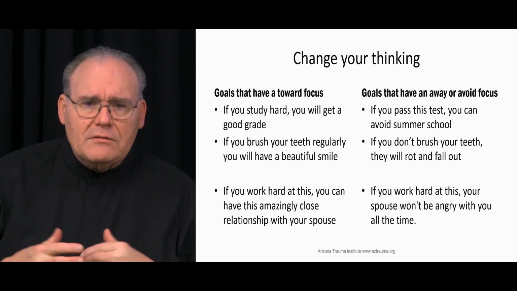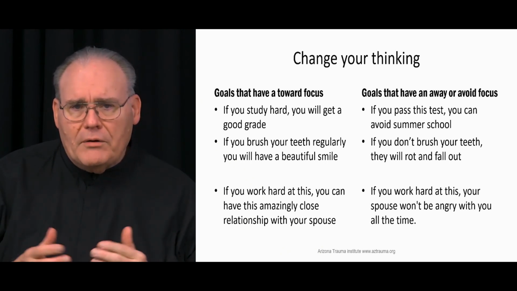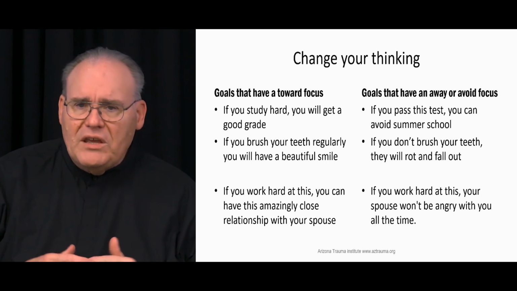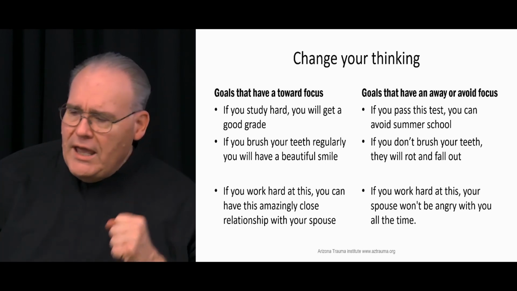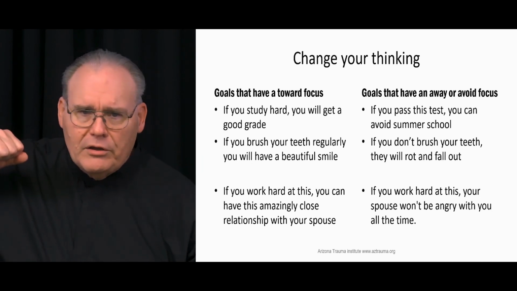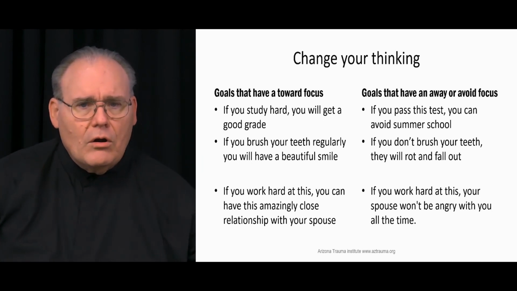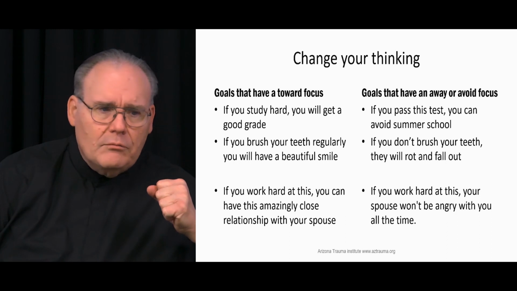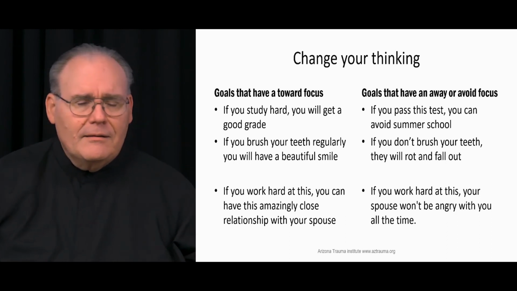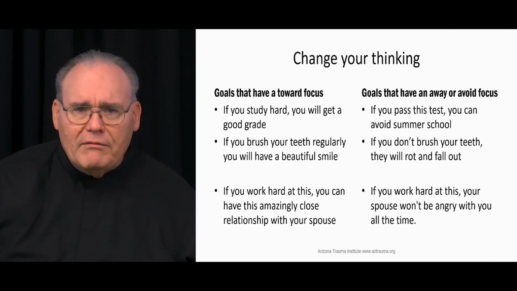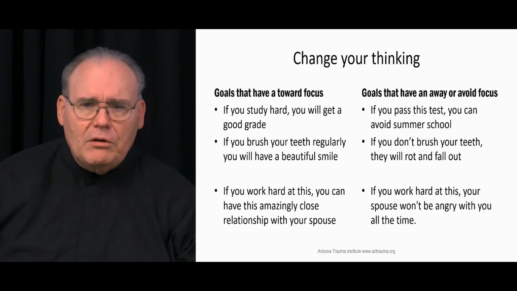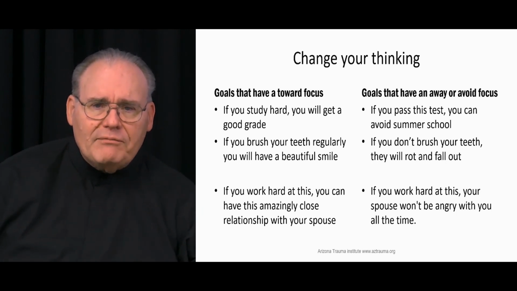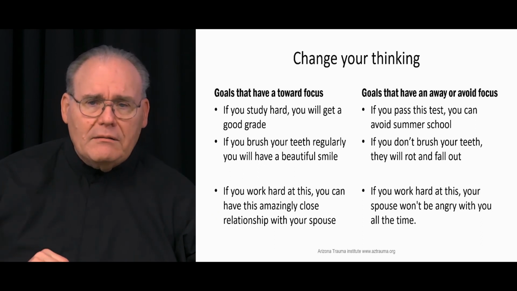So I used the toothbrush one already as an example, but think about what we tell students. If you study hard and you get a good grade, you'll go to college next year, or you will be ranked number 12 in your class of 400. I mean, we use that kind of stuff to motivate people. However, if they're avoidant based, how would you structure that same conversation?